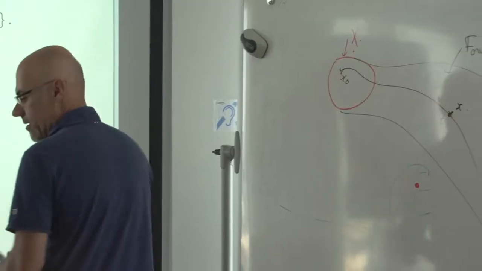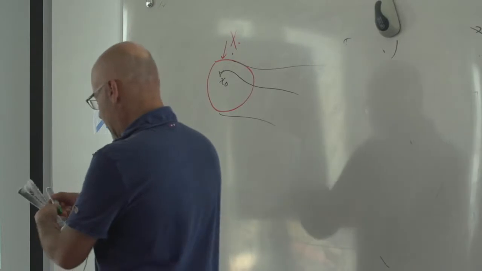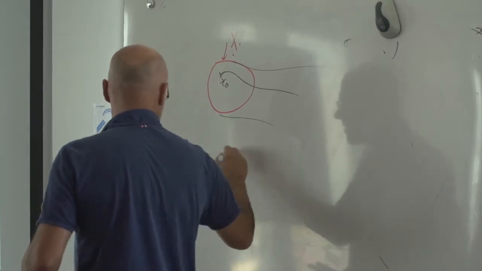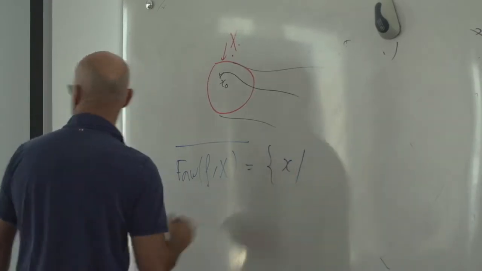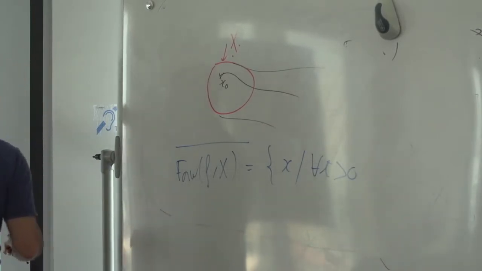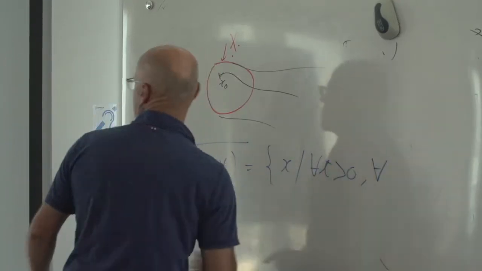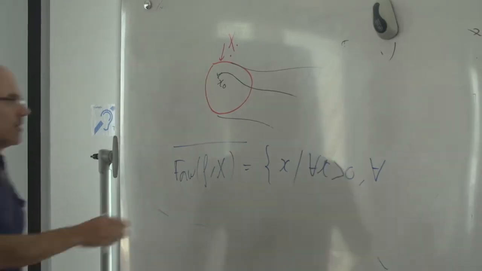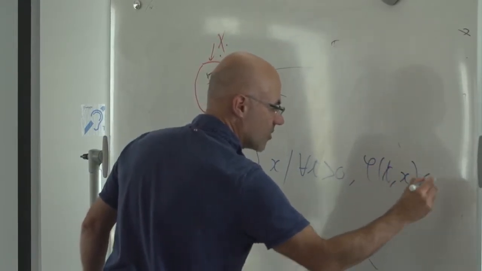If I take the forward reach set of f and the complementary, it corresponds to the set of all x such that for all t positive, phi belongs to x, belongs to x0.